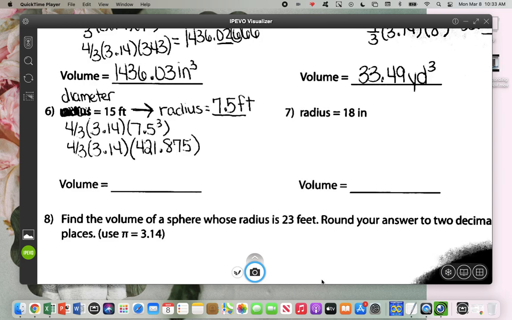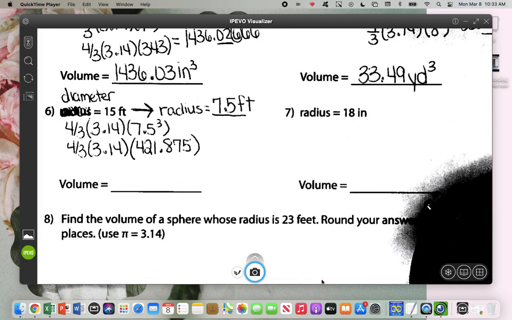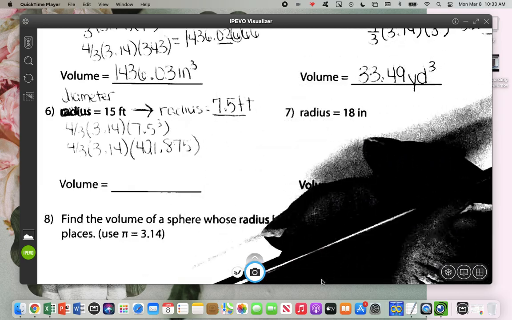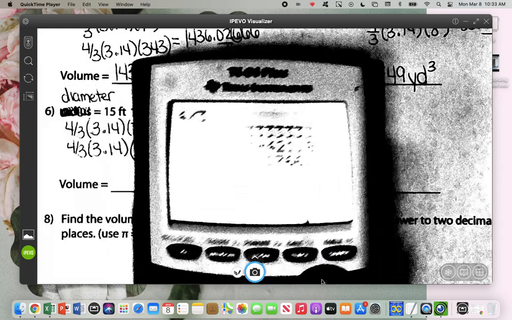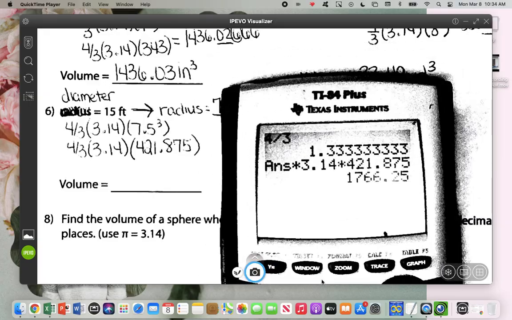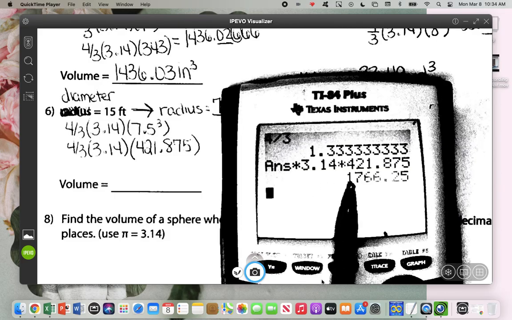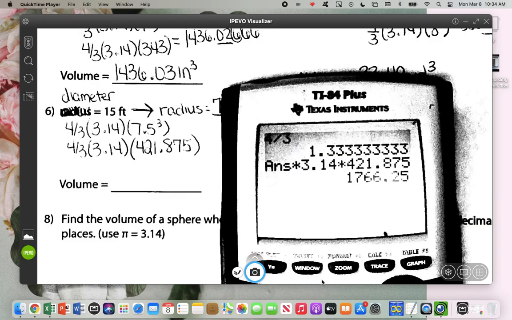Now what happens whenever we are done there? Do we need to round or did it work out nice? Mine ended up only having 2 decimals at the end. When I multiplied all of that together, so I took 4 divided by 3, and then I took that times 3.14 and then times 421.875, I got 1766.25.